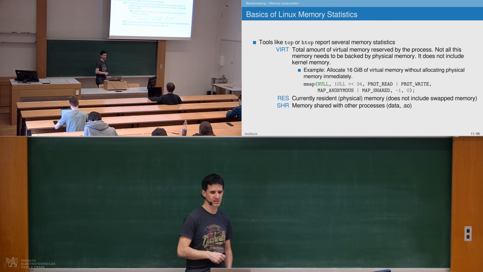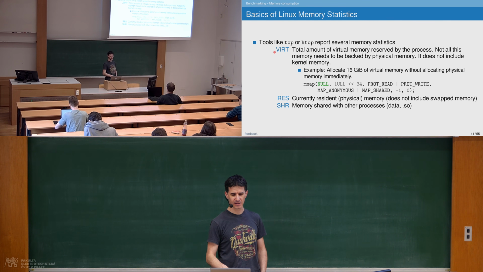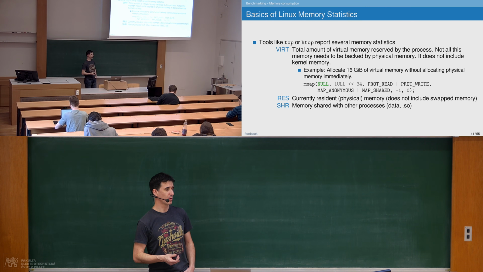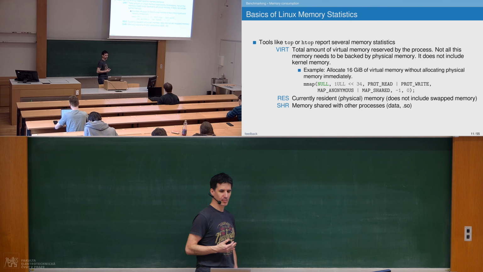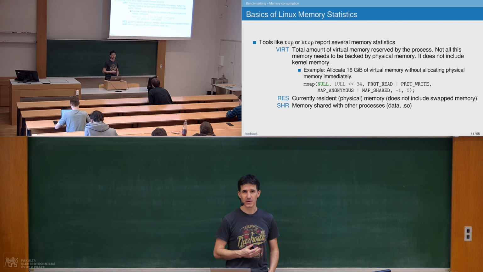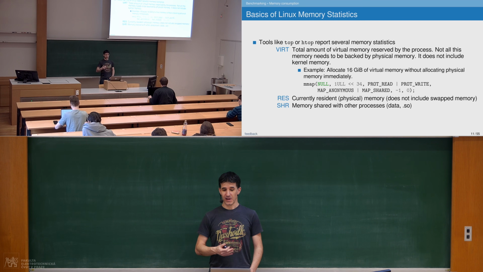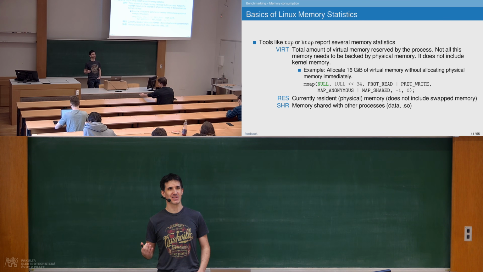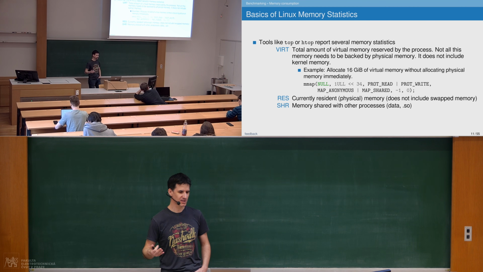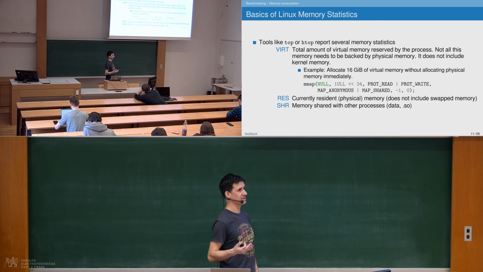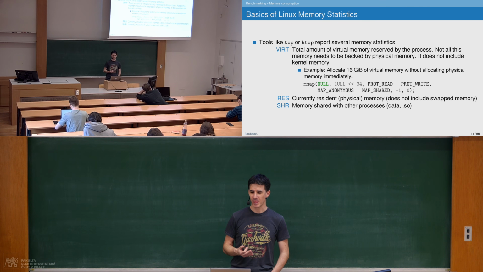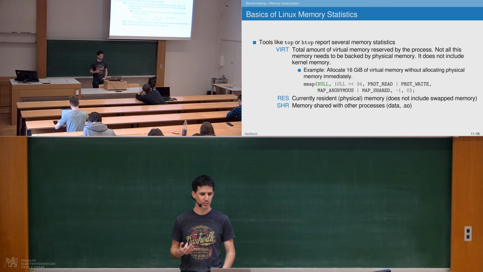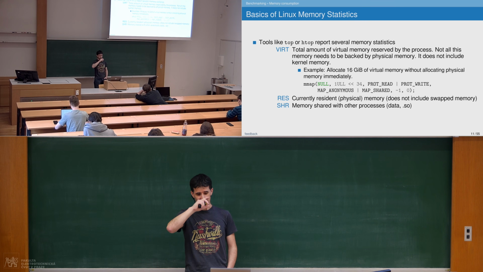First memory statistic is usually called virt. It's short for virtual memory, and this reports how much virtual memory is allocated by the application. As the name suggests, virtual memory is not real memory, it's just virtual address space, and there is no guarantee that this virtual address space actually contains any physical memory which can be used by the program.